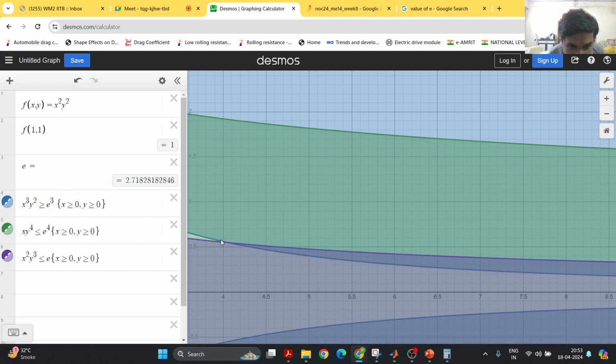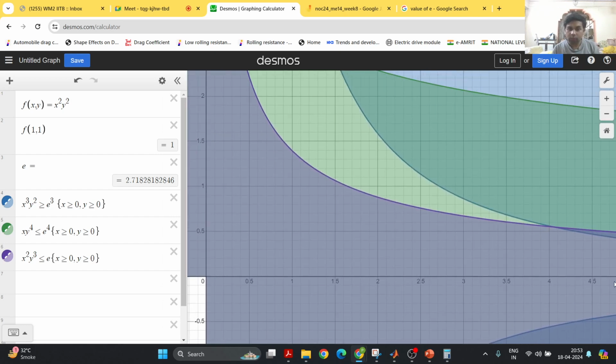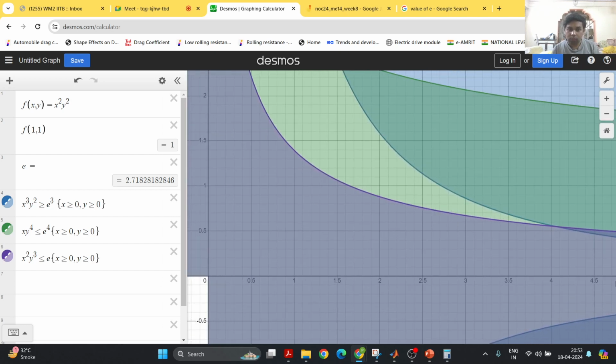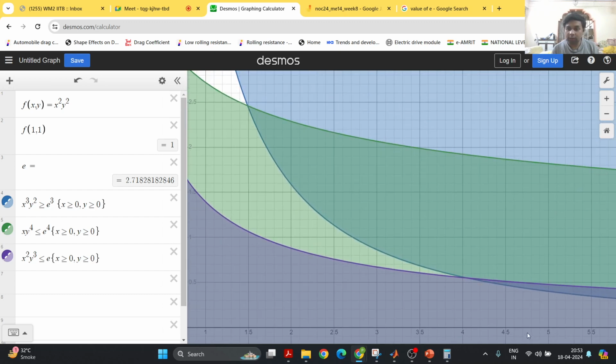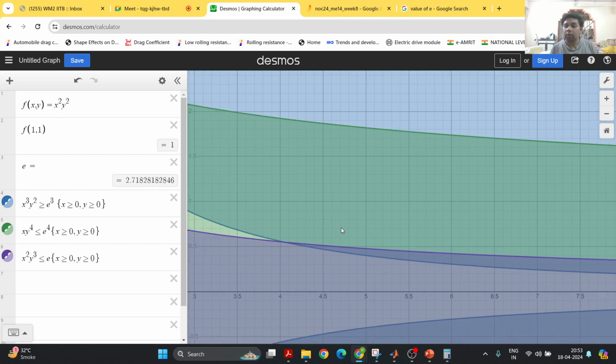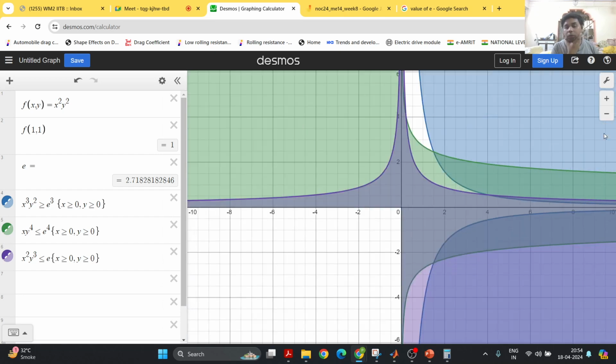So the optimum solution is somewhat, I think, around 4 comma 0.55 or something like that. So that corner point looks like the only solution.